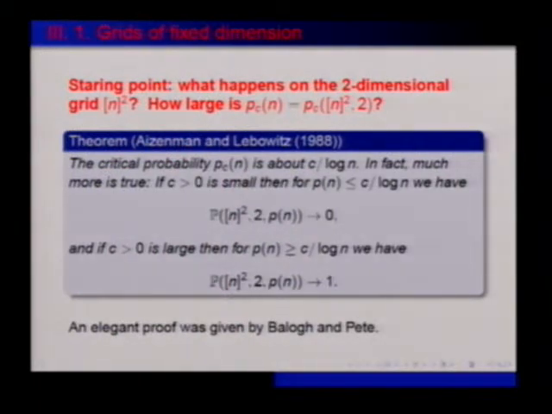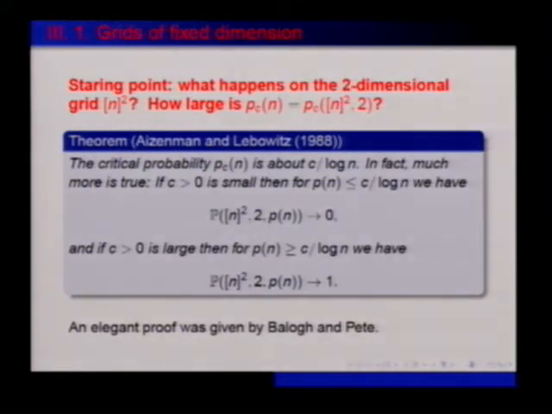Okay, so now what about the two-dimensional grid, or any grid of fixed dimension? The starting point is this really basic result of Aizenman and Lebowitz, two wonderful mathematical physicists, who proved that the critical probability is about 1/log n.